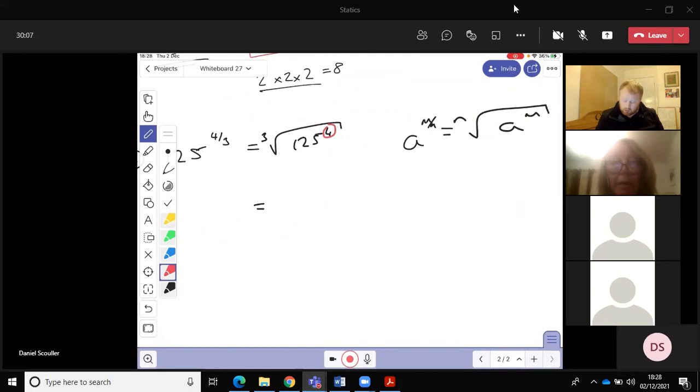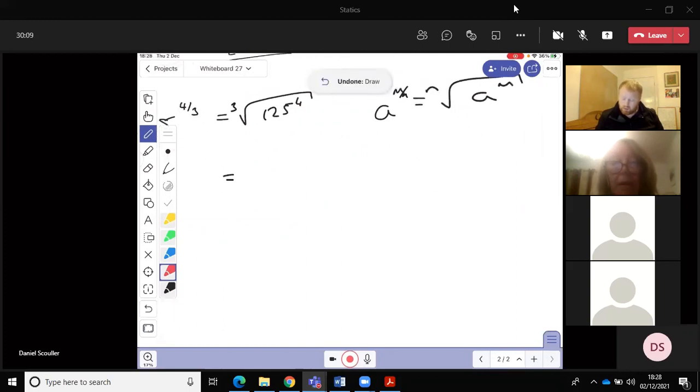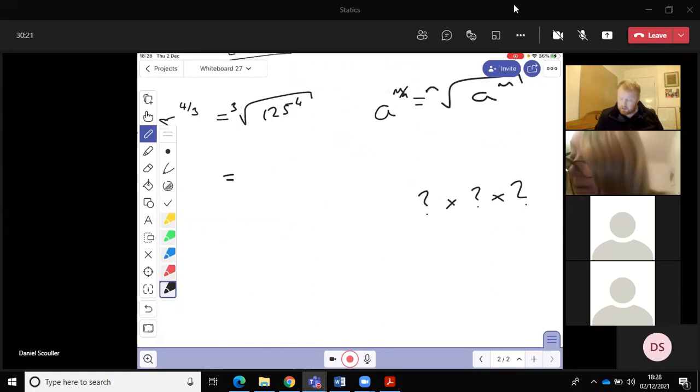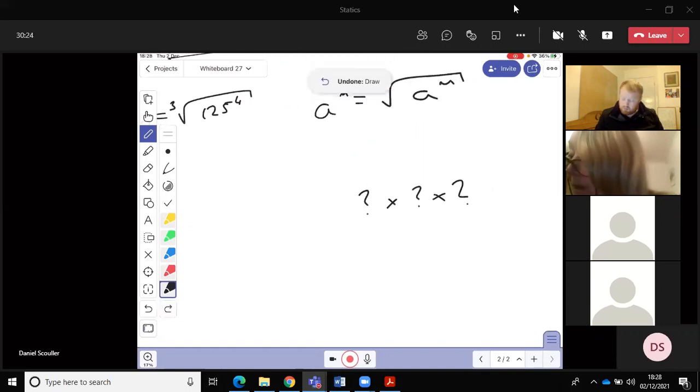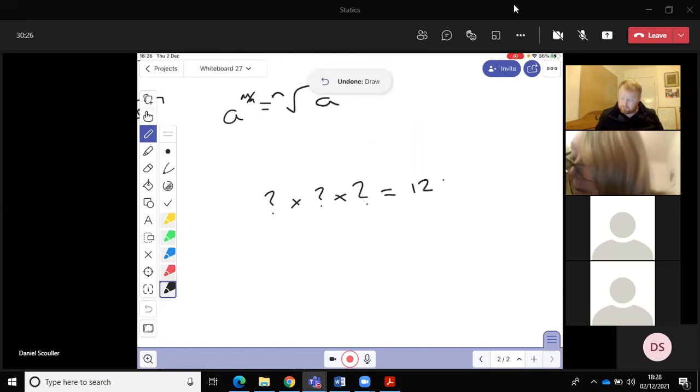First step, we think about what 3 numbers multiply together to make 125. Take it to one side: question mark times question mark times question mark equals 125. Let's get rid of that root sign and go through some numbers. 2, we know that's not going to be the case. 3 times 3 is 9, times 3 is 27. 4 times 4 is 16, times 4 is more than that.